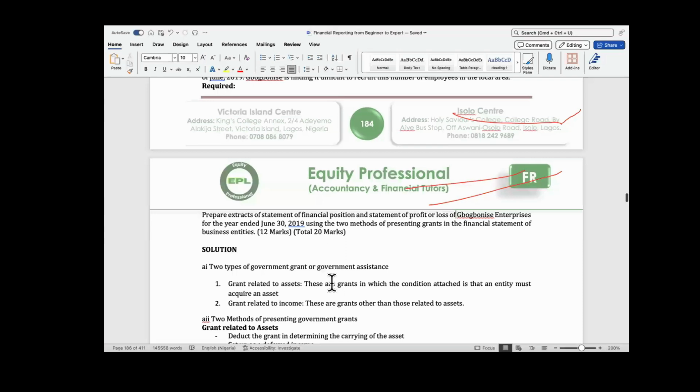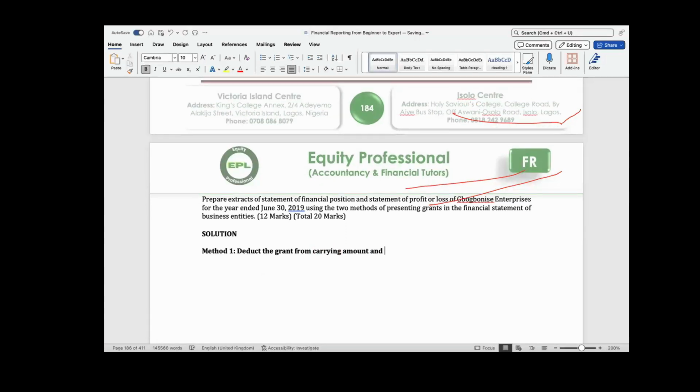And method two is to net against related income. That's for grants related to income. So this one is for grants related to assets. Okay, so grant one.